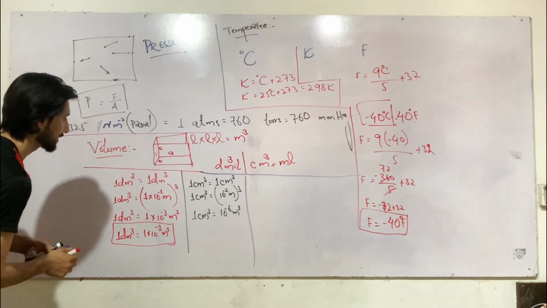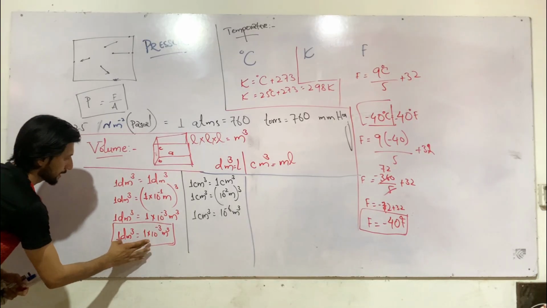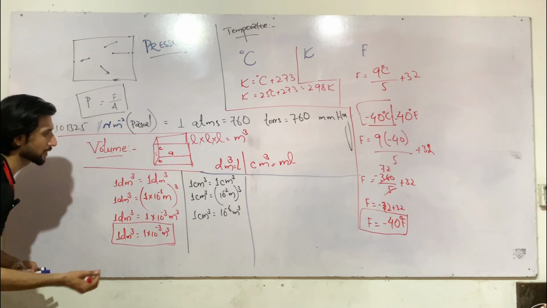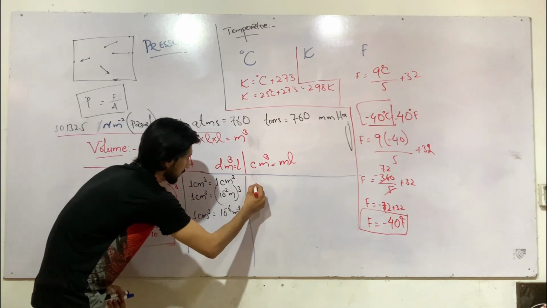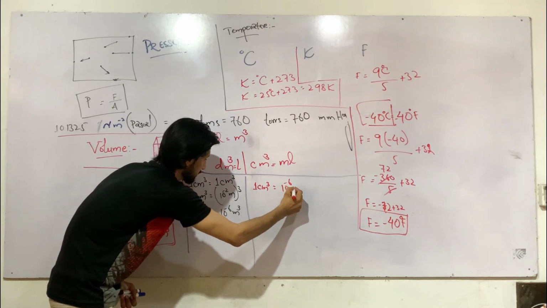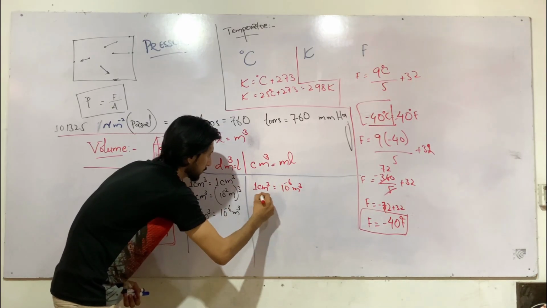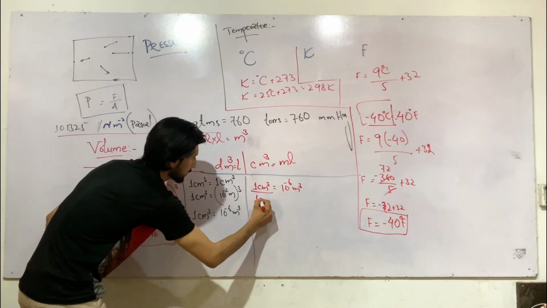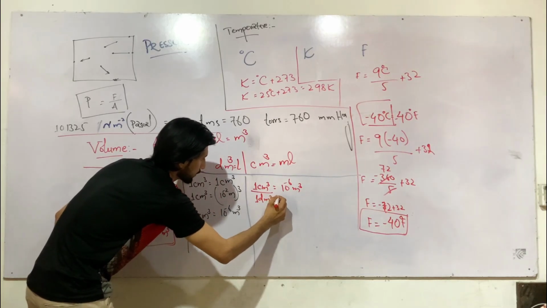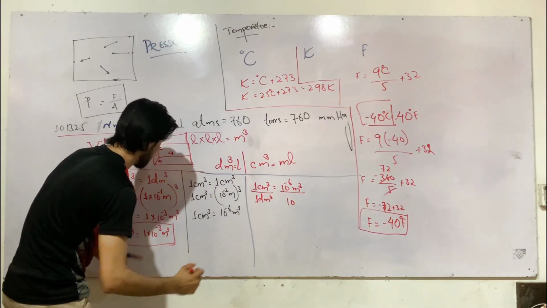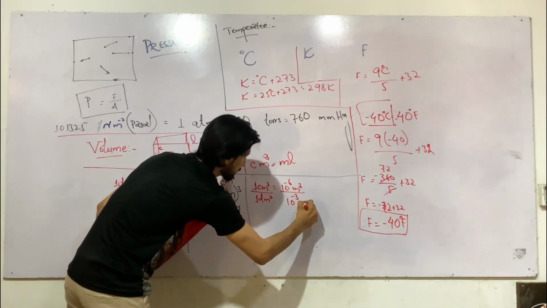Let's divide this whole equation by this equation. I must write this first: 1 centimeter cube equals 10 to power minus 6 meter cube. Now I'll divide it by this equation, that is, 1 decimeter cube equals 10 to power minus 3 meter cube.